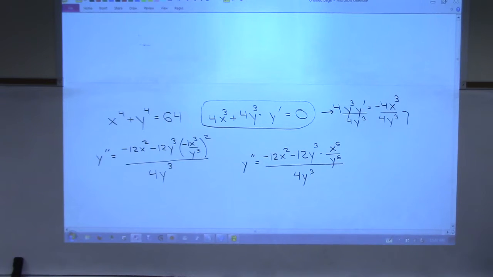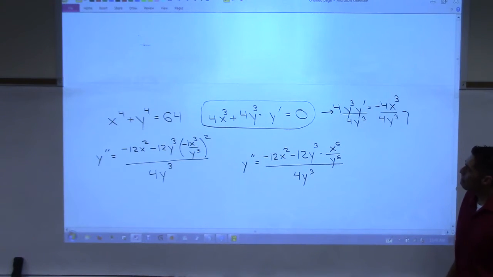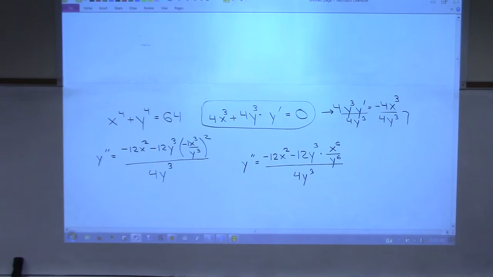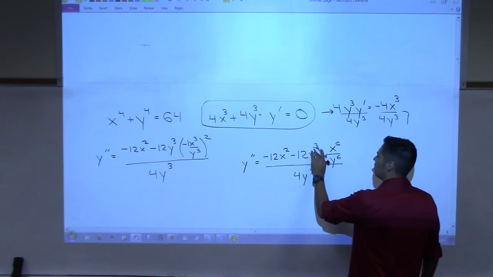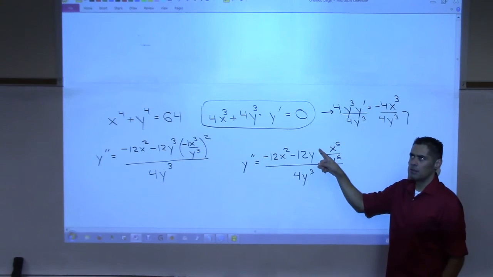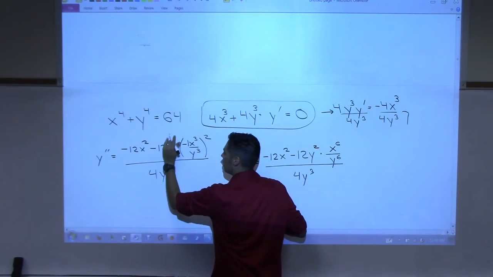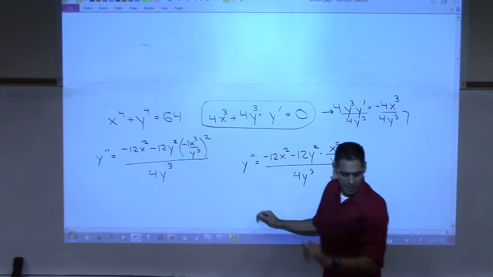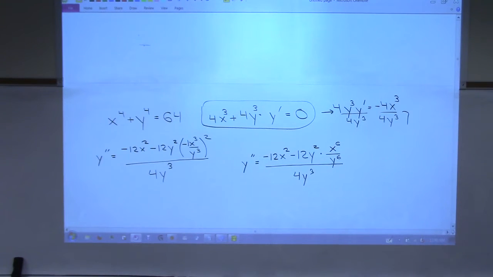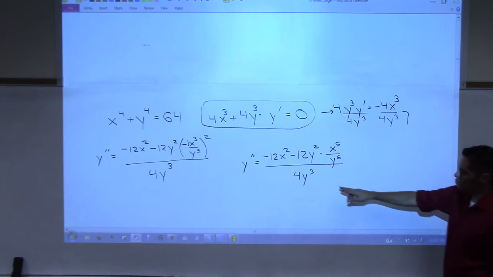What about the 12y cubed? Mine's still squared. Was it squared? Oh yeah, I don't know where I did that. That should be back here too, right? Okay, thank you for pointing that out. It is squared, I've been writing it squared. This is cubed, right? Yes.